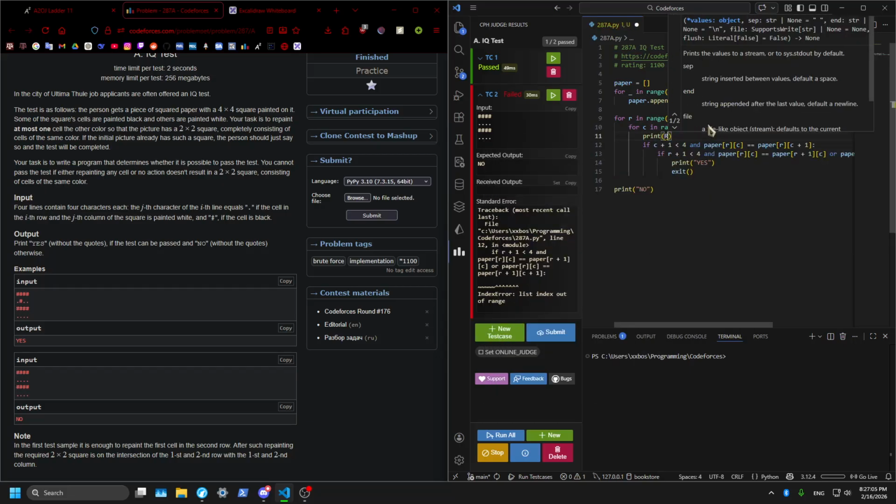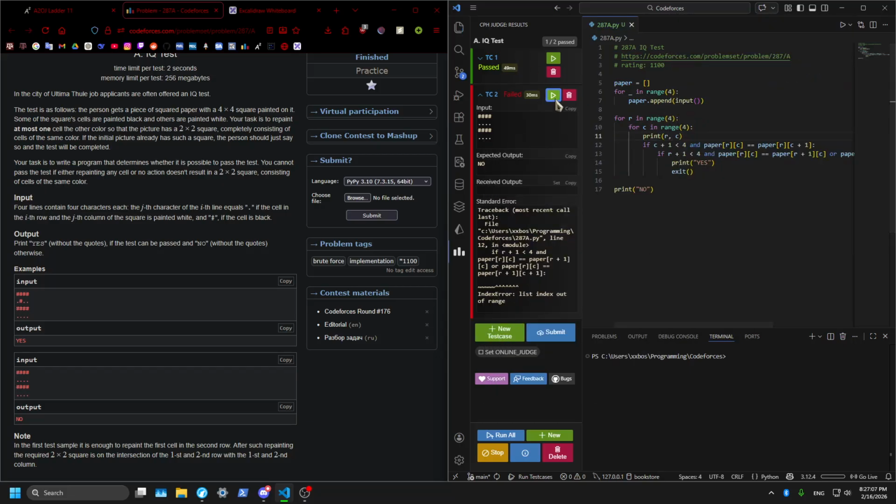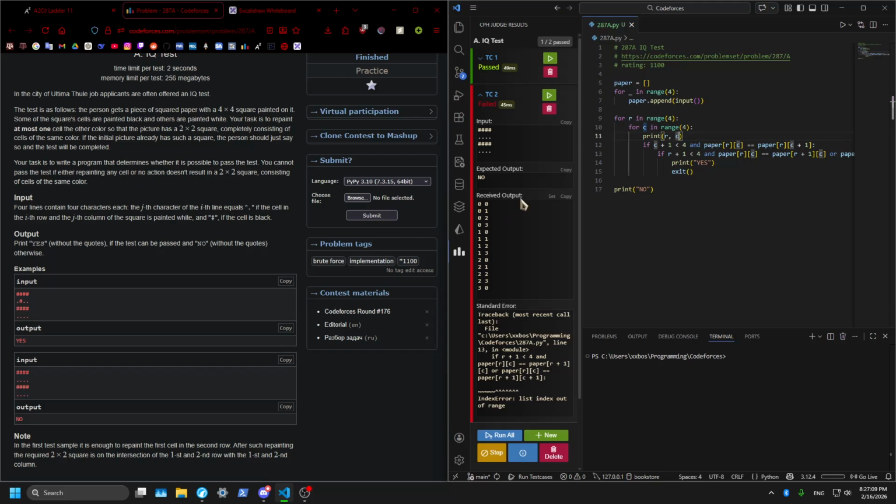Print RC. 0 0, 0 1, 0 2, 0 3, 1 0, 1 2, 1 3, 1 0, 1 1, 1... or 2 3, 3 0.